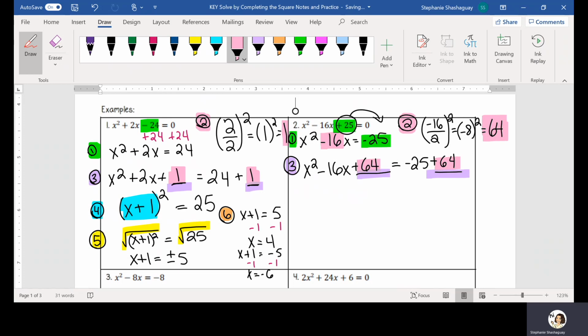I'm sorry, b divided by 2 squared. I just gave you the vertex formula instead of the completing the square formula. All right, so now we're on to step 4.